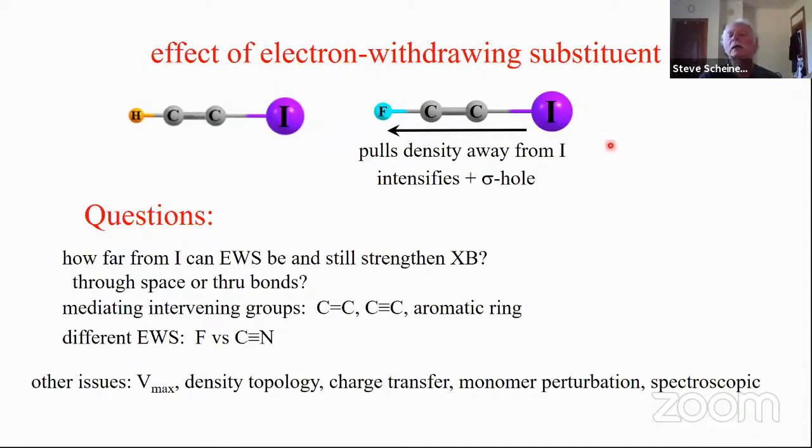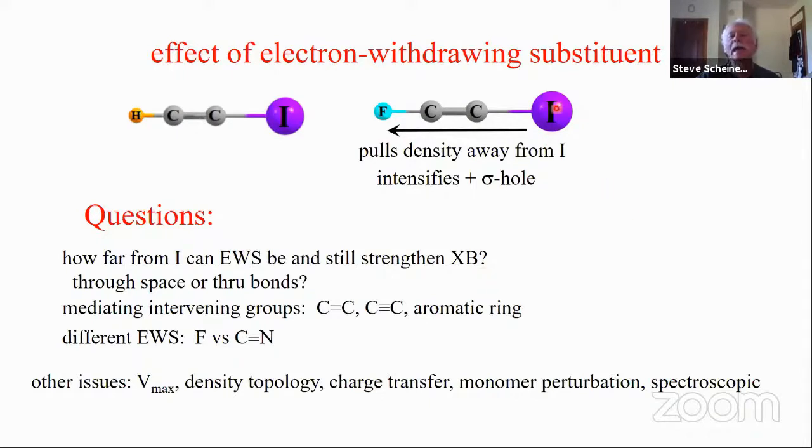That business of electron withdrawing substituents pulling density away from this molecule, which we call the Lewis acid, is pretty well known. The question that we're looking at here is how far from the I can this electron withdrawing substituent be and still strengthen the halogen bond?